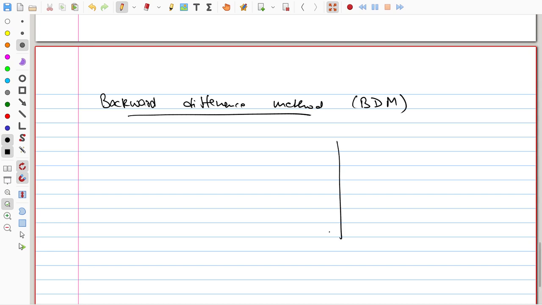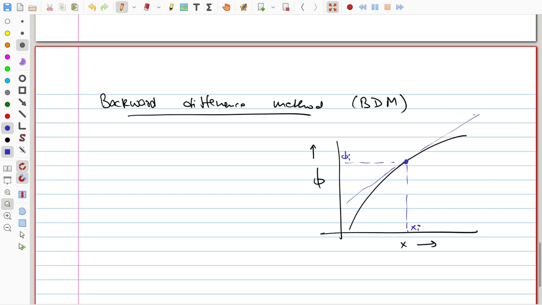So let's understand that through the graph. So this is phi versus x. Again, we'll exaggerate the situation. So we have a point xi comma phi I, and to find the slope at this point, which this time is the blue line, I can also use a backward point, xi minus delta x, which will have a corresponding phi value, which is phi I minus 1.